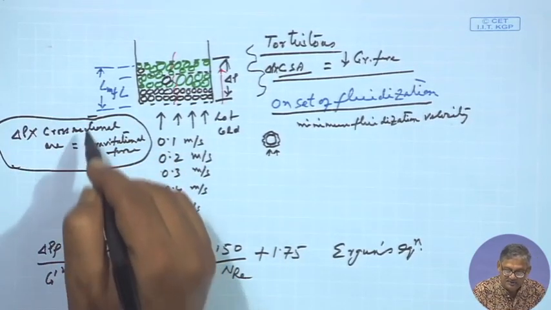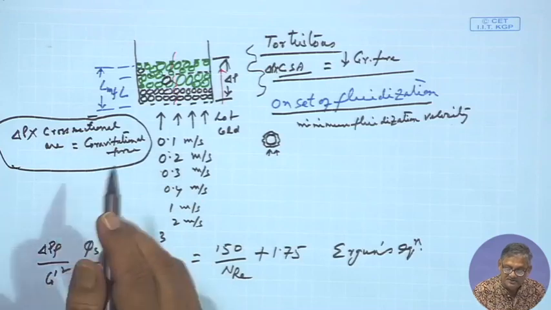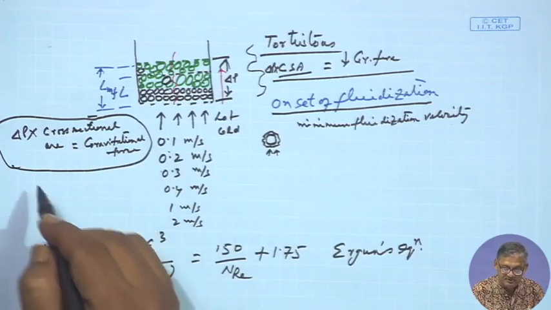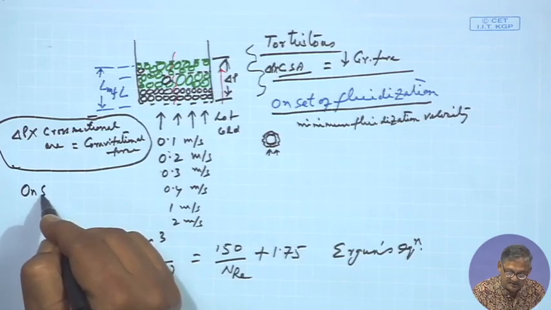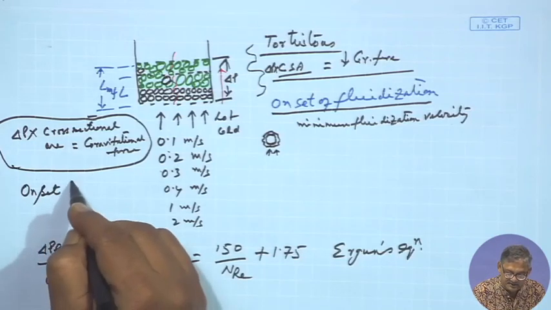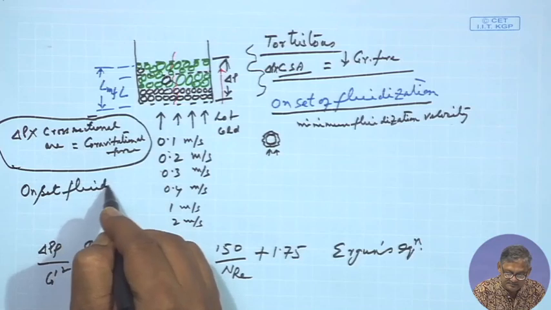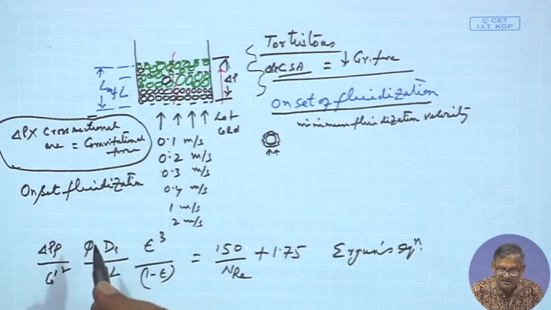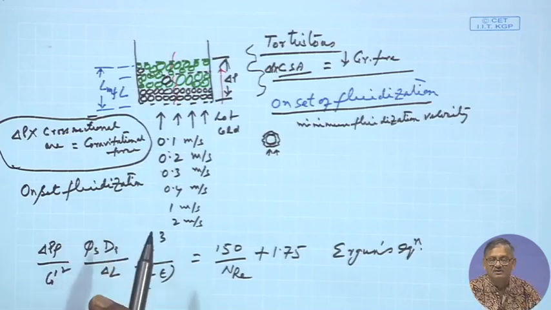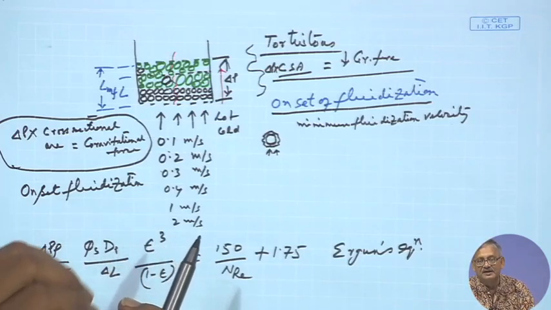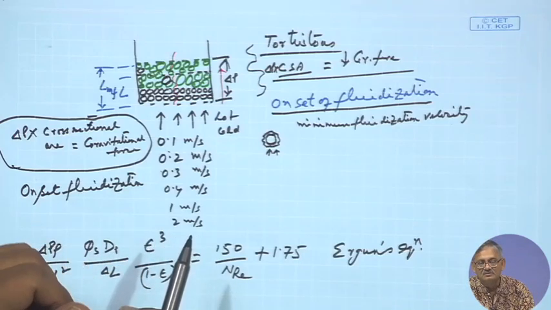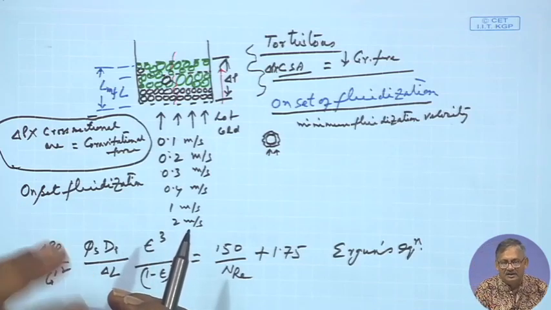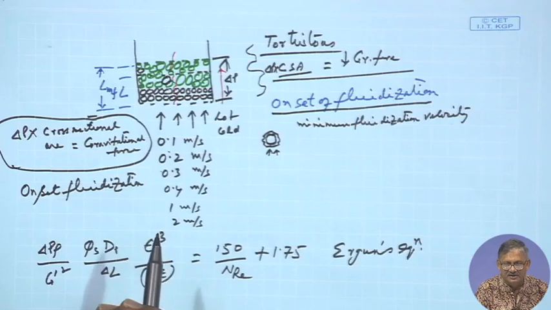When this is applicable, this situation arises, and that situation is known as the onset of fluidization. That means any little increase in the velocity will allow the particles to move, or to dance, or rather, move is the right word.